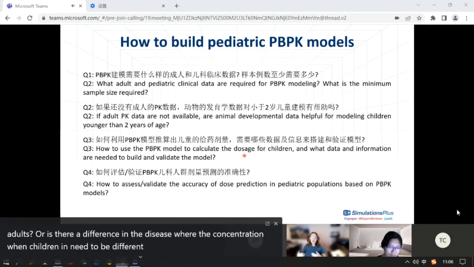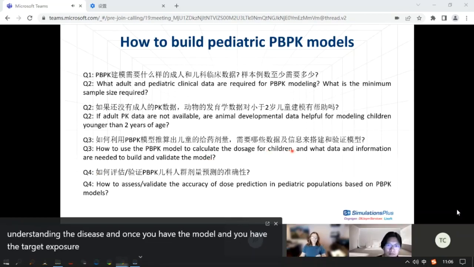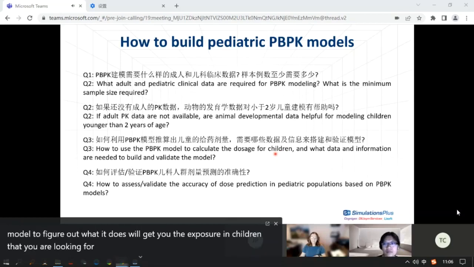Right? So that comes down to understanding the disease. And once you have the model and you have the target exposure in children, then you will use the model to figure out what the dose will get you the exposure in children that you are looking for, that you need.